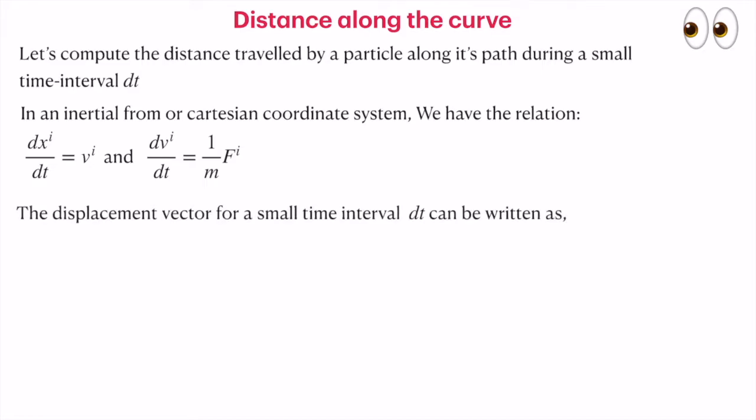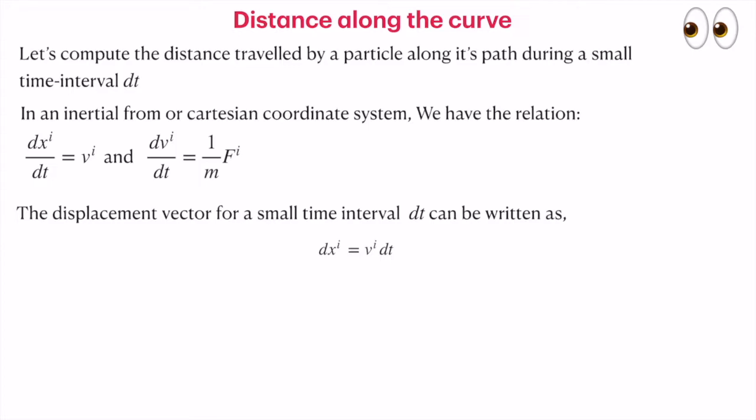The basic identity we are going to use is the tangent vector, dx/dt = v, to measure the displacement. The displacement for a small time interval can be written as dx^i = v^i dt. So this is the displacement vector from a position x^i for a small interval dt.